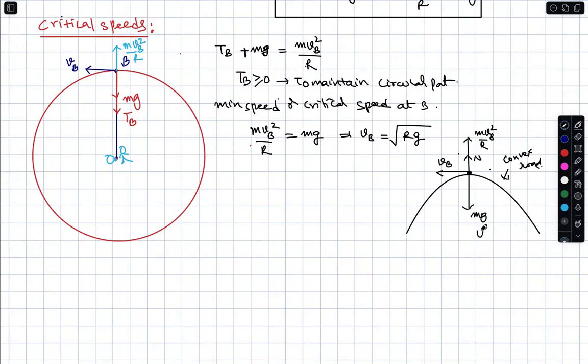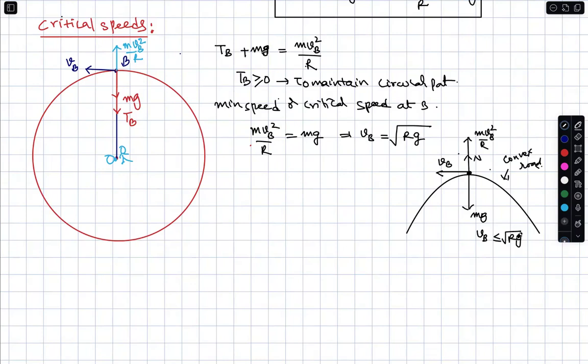So here also vB should be less than or equal to root rg to be in contact with the road. Suppose vB is greater than root rg, what happens? You'll take off. Got the point?